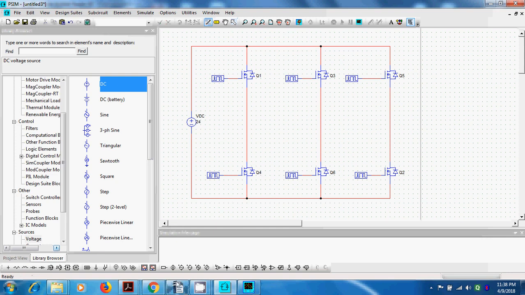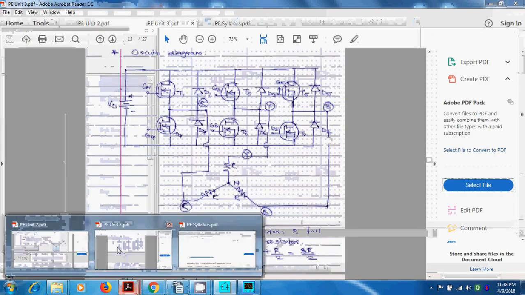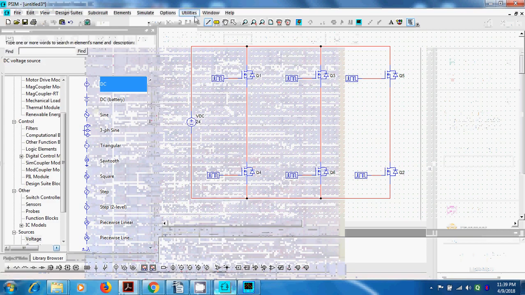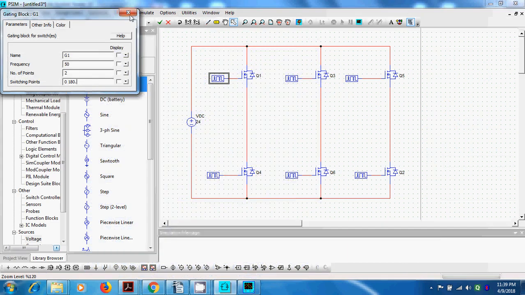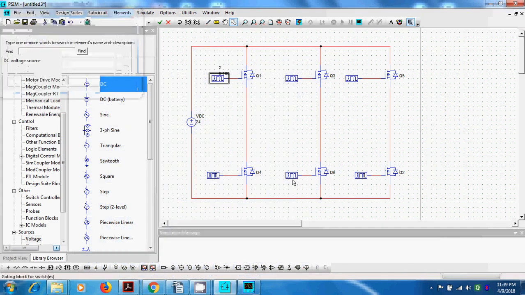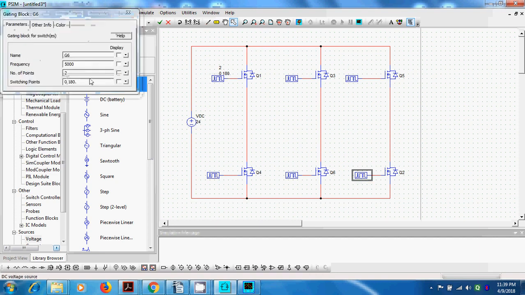Now we know the turn on time of the MOSFETs. So this is 0 to 180. Similarly, 60 to 240 I have to give. So I will double click. Again this will be 50. 0, 180 is very clear. Second is where? Second is here.